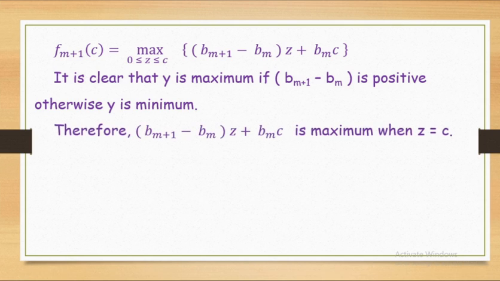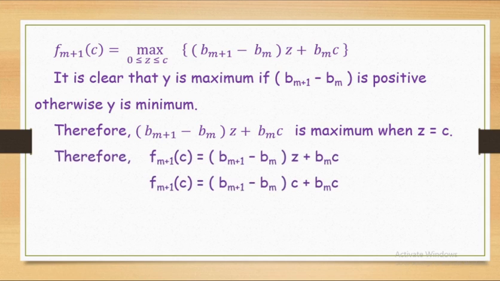Therefore, b(m+1) minus bm into z plus bm of c is maximum when z equals c, and therefore f(m+1) of c is equal to b(m+1) minus bm, times z, plus bm of c.